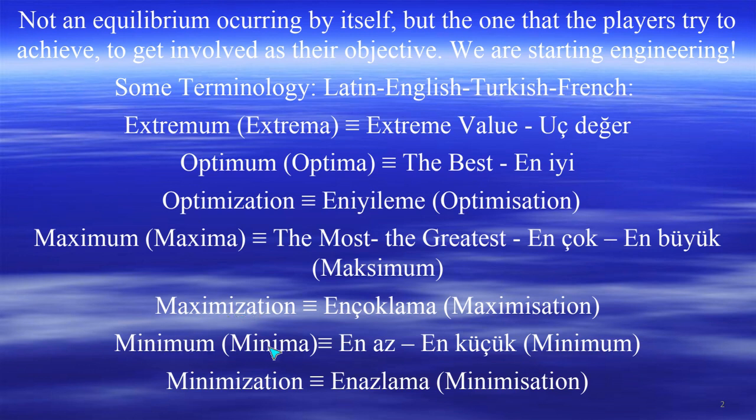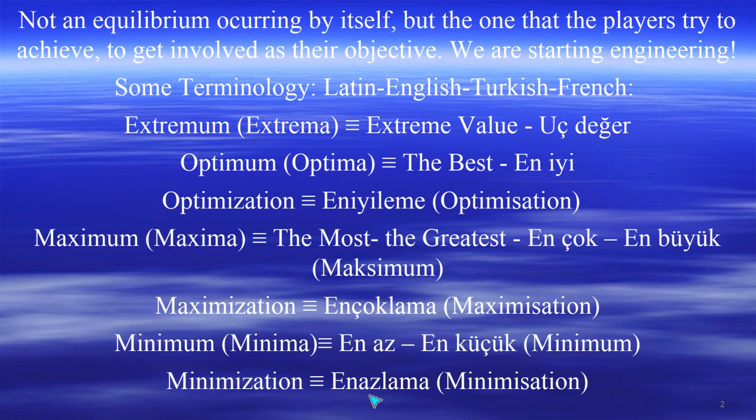Then we have the opposite of it, which is minimum, minima in plural, minimum in singular. It means en az, en küçük in Turkish. Minimum in French. Also in Turkish, we use minimum with the Turkish pronunciation. We just take these words rather from French, so our pronunciation is very near to the French pronunciation. Then the action of it is minimization.